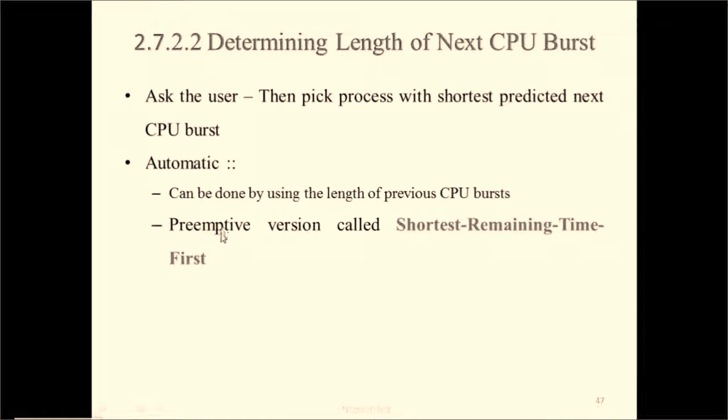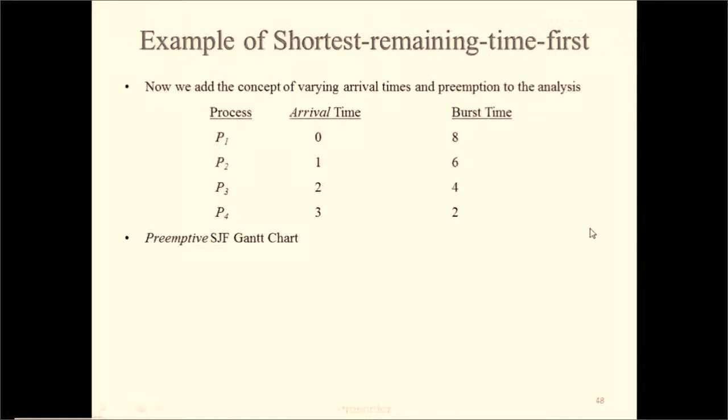And there is one version called the preemptive version, which is called shortest remaining time first. So it's not shortest job first now, it is shortest remaining time first. Now what do you mean by this? We'll see.